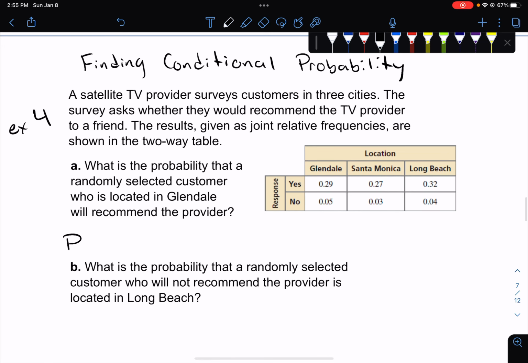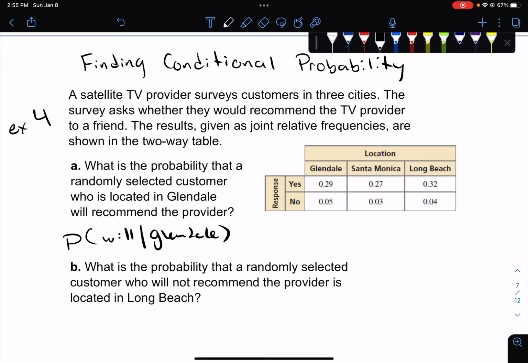What's the probability that someone will recommend given that they live in Glendale? So it's not asking out of all of the people. It's just asking of the people that live in Glendale, what's the probability that they are going to say yes?